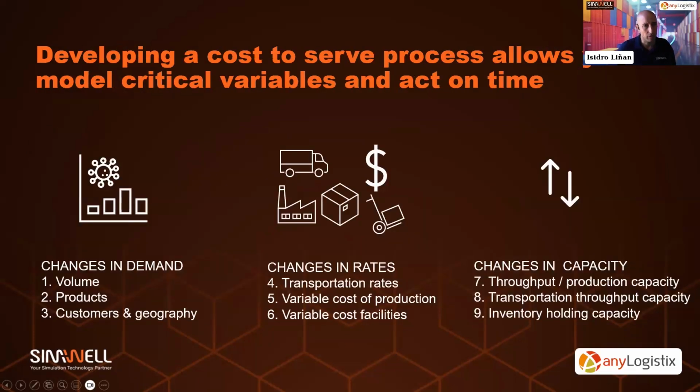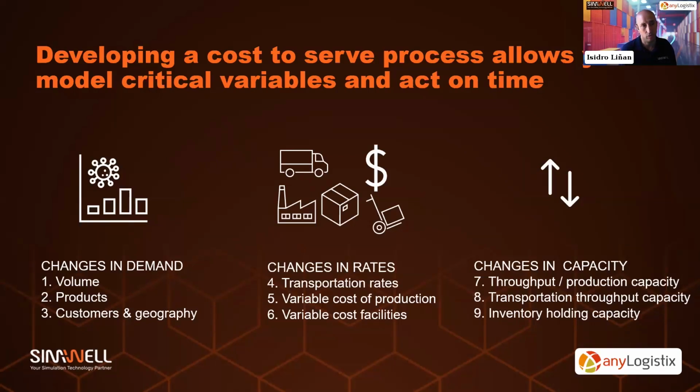And what are some of the drivers of having to do this analysis more frequently and with more detail? Here we grouped those variables into three big buckets, where I'm sure, as supply chain professionals, you understand there are always changes in three different aspects. The first one is changes in demand. Supply chain professionals face changes in demand, in volumes, in products, and customer geography. Those need to be adapted, and we need to make decisions about it.